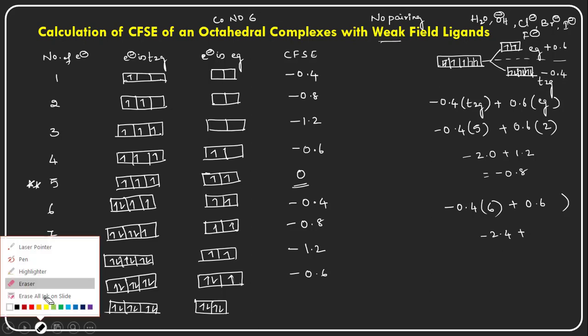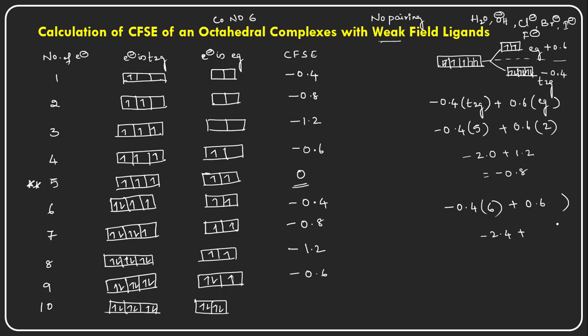Minus 0.4 into 6 will be minus 2.4, and 0.6 into 4 will be plus 2.4. So the value will become 0. So 0 for the octahedral complexes which have weaker field ligands.